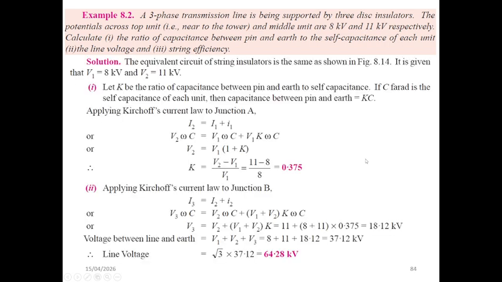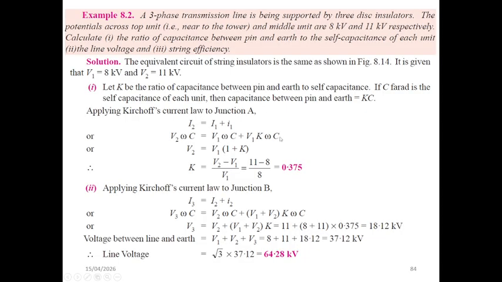In this slide we want to analyze the voltage distribution across a string of insulators using an equivalent capacitive circuit model. Each insulator unit is represented by its self-capacitance C, while the capacitance between the metal fittings and earth is modeled as Kc.